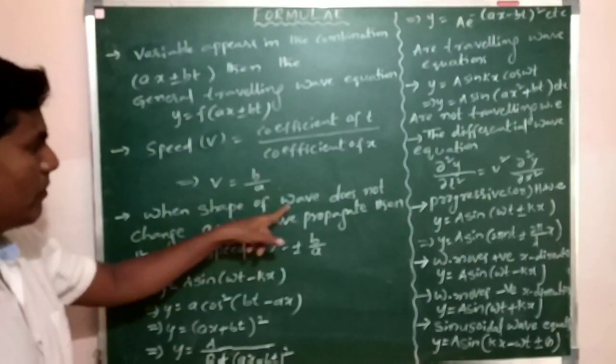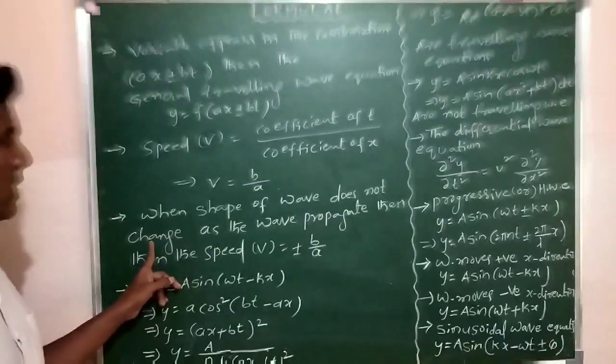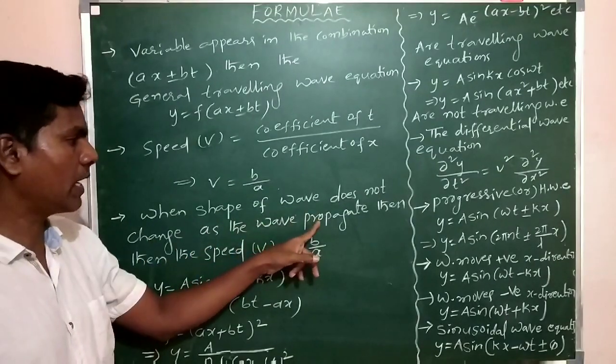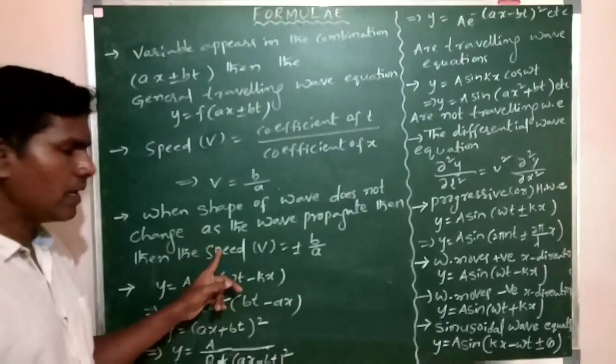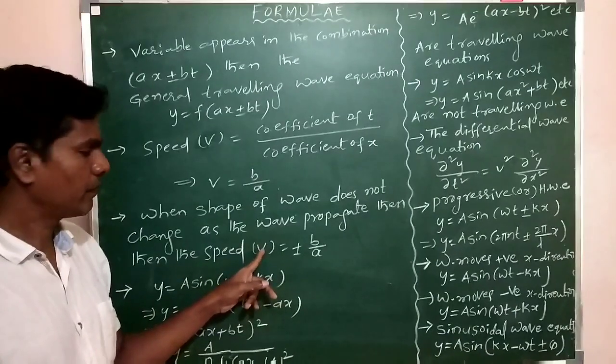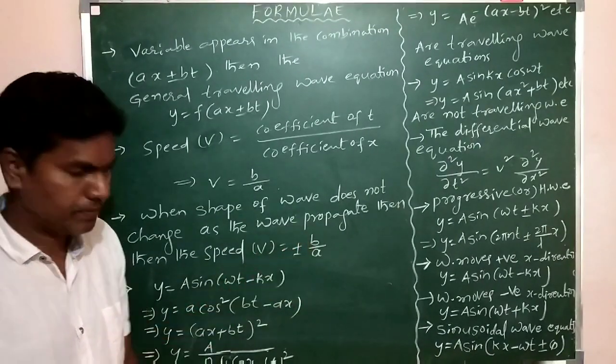When the shape of the wave does not change as the wave propagates, the speed is v = ± b/a.